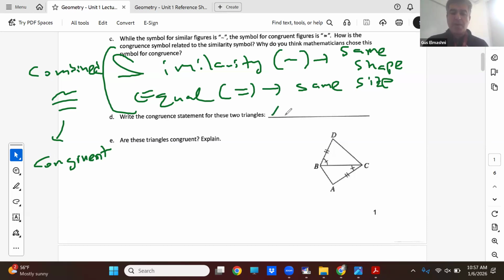Well, now I know triangle ABC is congruent to triangle FDE. If you actually were to measure the sides with a ruler, or measure the angles with a protractor, those are equal. So we know that we're congruent.